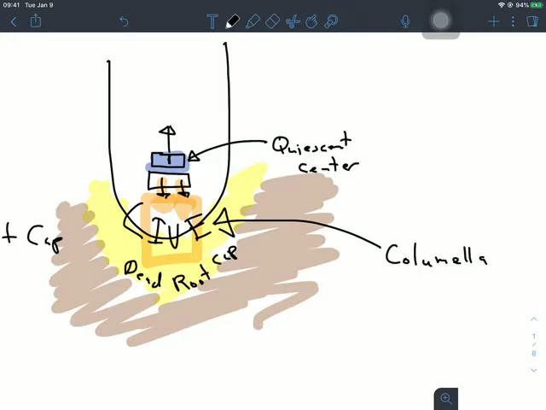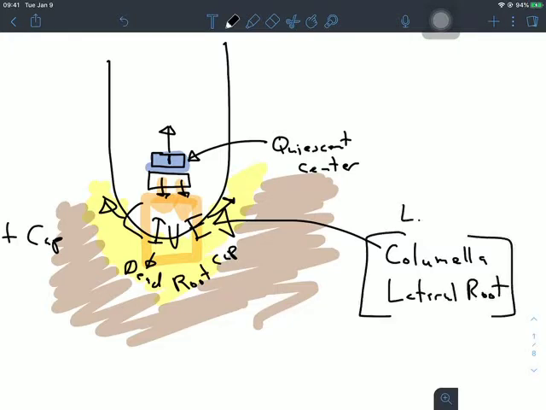And then as the columella either is pushed forward and dies and becomes the dead root cap, or gets moved horizontally on the side, it can become the lateral root cap. Both are layers of your living tissue in the root cap. So the dead root cap is up front, protecting the columella and the lateral root cap.